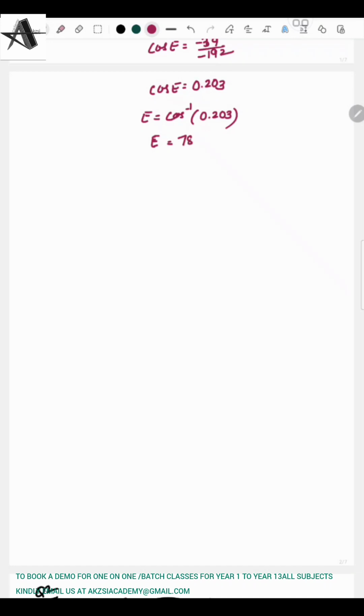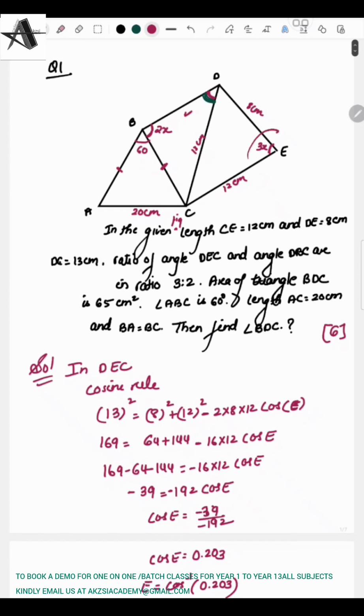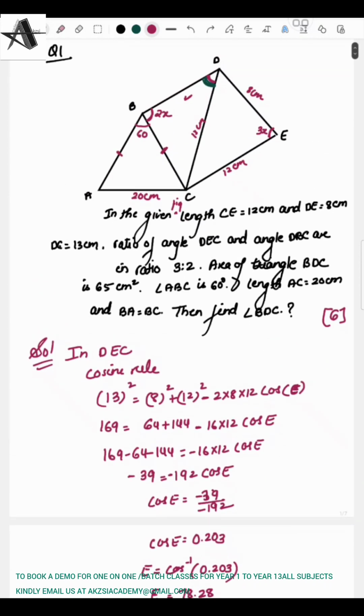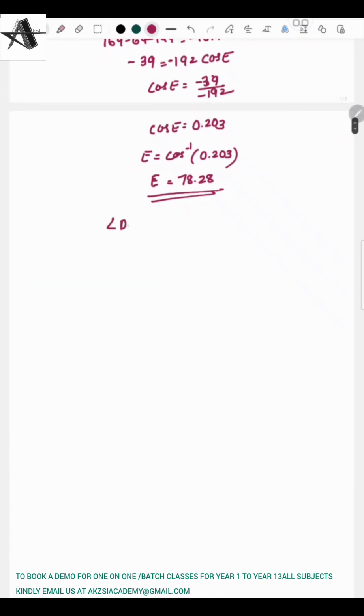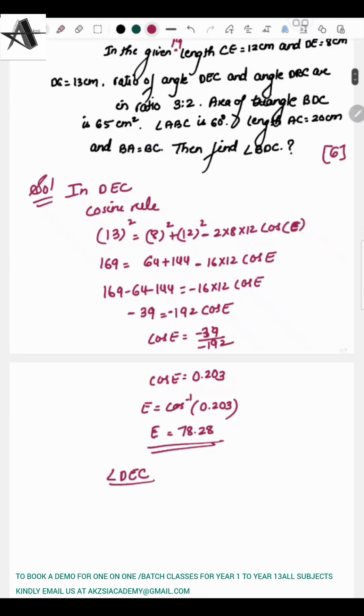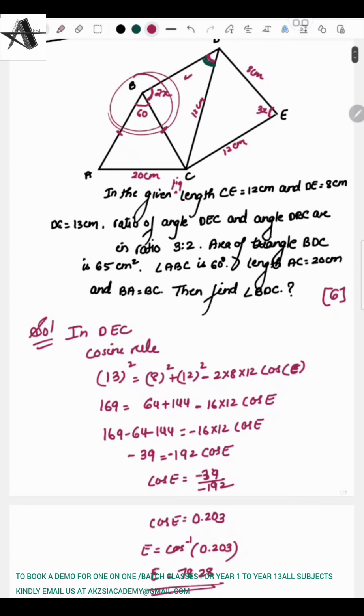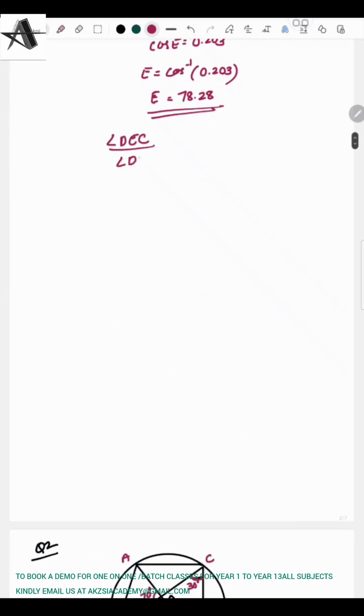That will finally give angle E as 78.28. Now I know that this angle is what we have calculated. The ratio of these two is given as 3x and 2x. That means angle DEC over angle DBC is equal to 3 over 2.